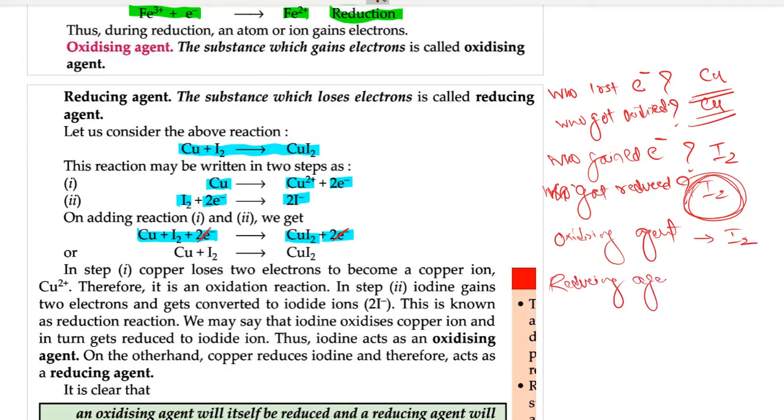A reducing agent is a substance which donates electron, which gives away electron, which loses electron. Who got oxidized? Copper. So copper is the reducing agent. Very similar to the hydrogen and oxygen concept, but the only thing here is that the language has changed into gain or loss of electrons.